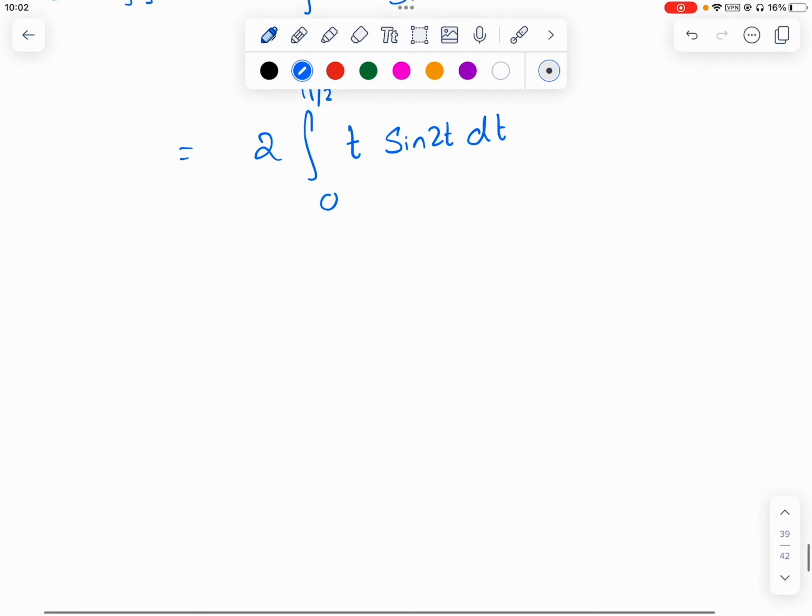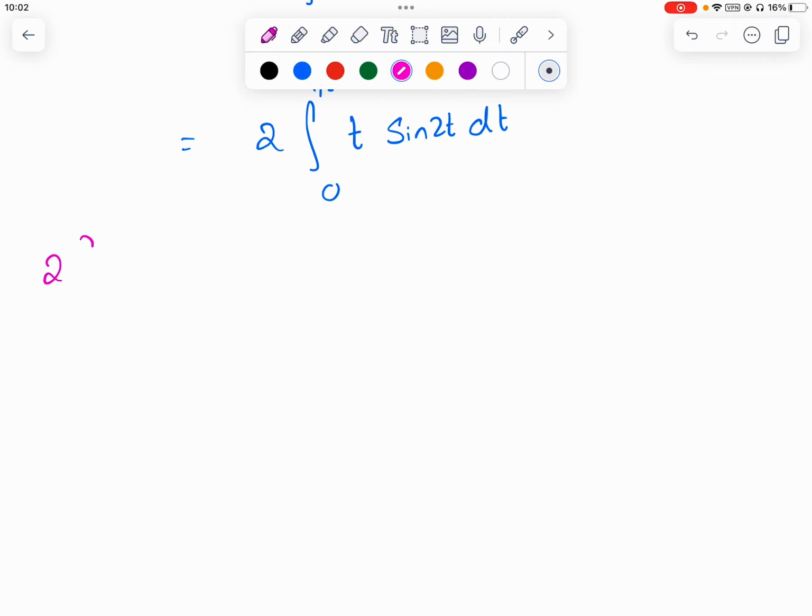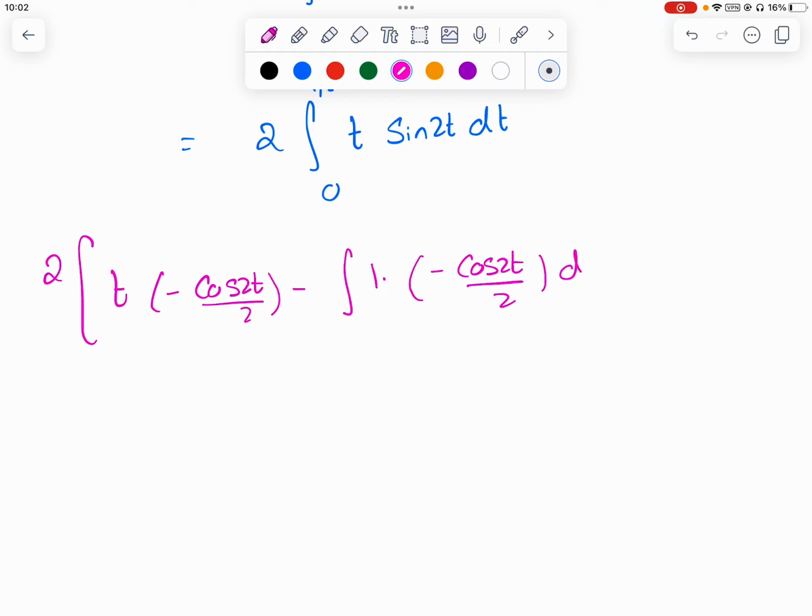So again integration by parts. 2t first function, integral of the second function, minus cos 2t upon 2, minus the integral of the derivative of the first, times the integral of the second, cos 2t upon 2 dt. So we can cancel the 2s. So it becomes minus t cos 2t plus the integral of cos 2t, which is sin 2t upon 2.